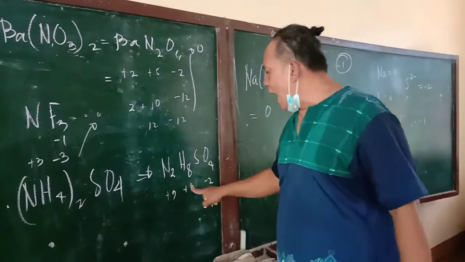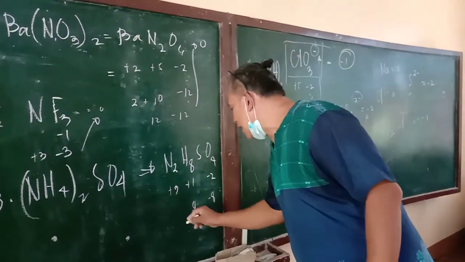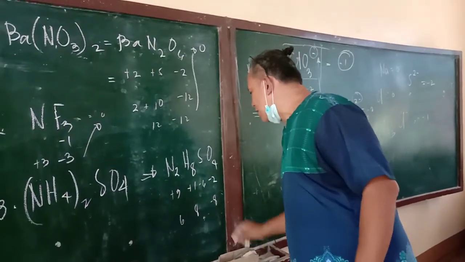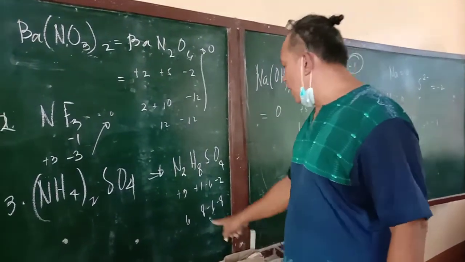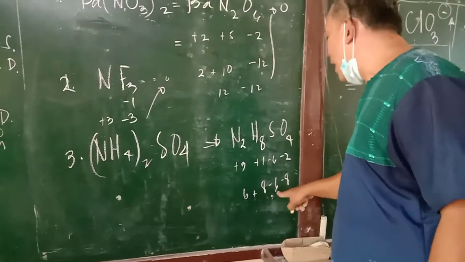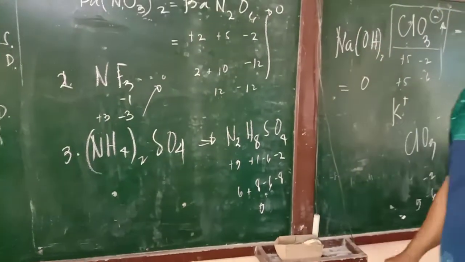So, 1 times 8 is 8. 3 times 2 is 6. Negative 6. So, 6 plus 8 minus 6 minus 8 nahimong 0.